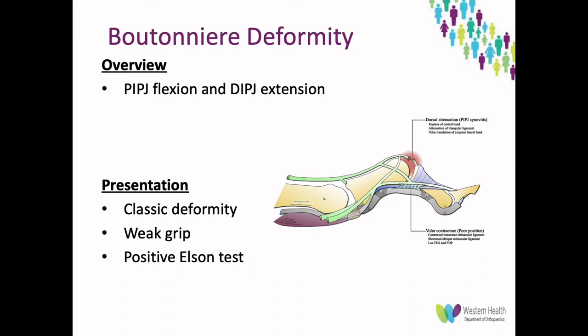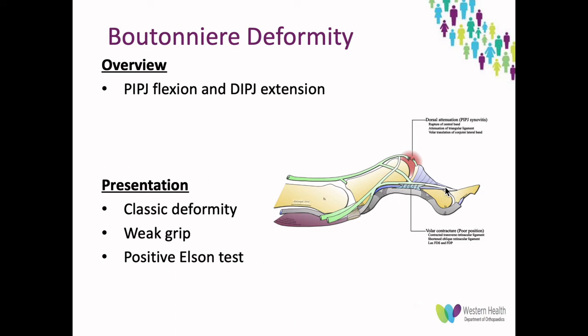Boutonniere deformities are flexion of the proximal interphalangeal joint with hyperextension of the DIP joint. In this setting, PIP joint synovitis attenuates the central slip and dorsal capsule, as you see here, causing rupture. The head of the proximal phalanx can then buttonhole through, increasing flexion.